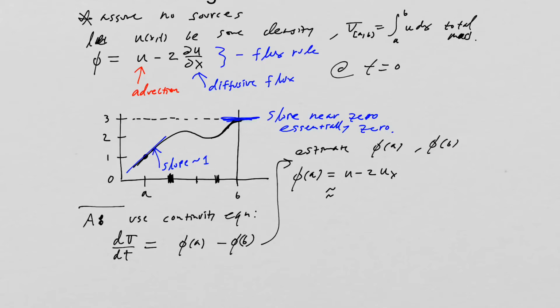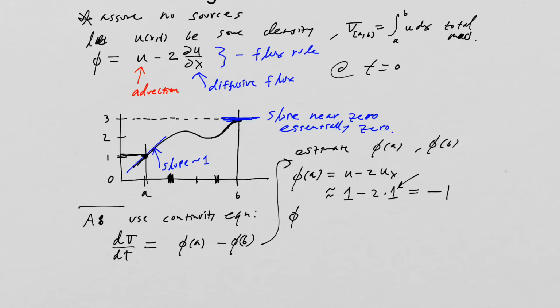So that's going to be approximately equal to the value of u is equal to 1, minus 2 times 1. And of course that was our estimate for the slope there, so we're going to have a flux of approximately negative 1.